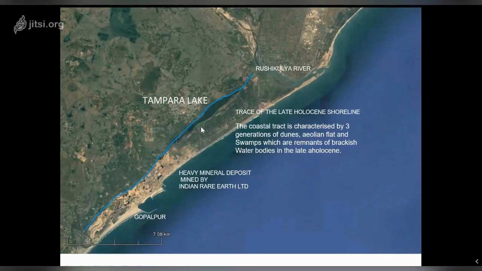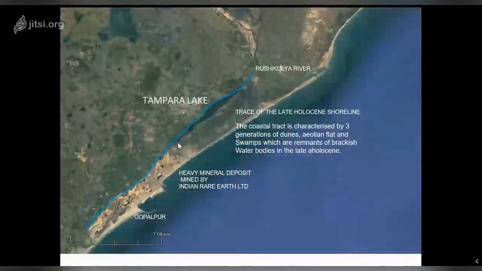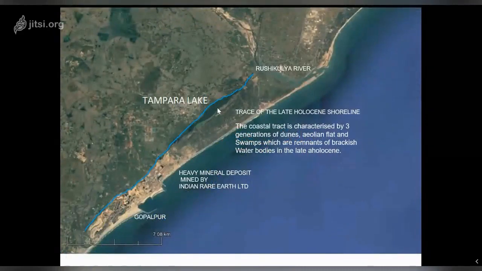We pass through this lake, this Tampara Lake, and you can see the shape of the lake. It is elongated, parallel to the coast. Although the lake ends here, you can see a series of water bodies. These are all dark spots, which are showing the trace of the lake. These water bodies are actually along this part of the coastal tract, which was formed during the Holocene.